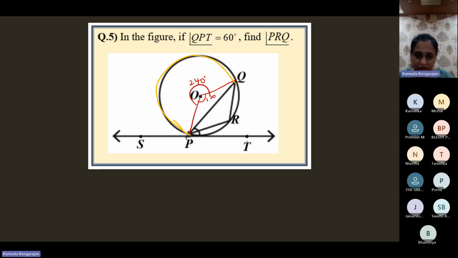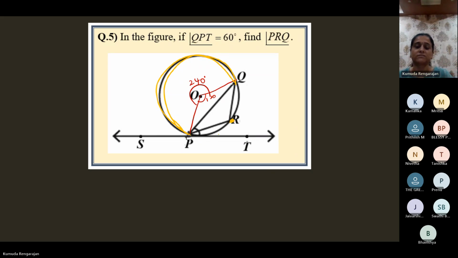The arc should not subtend an angle on itself. That's why we say the remaining part of the circumference of the circle. The major arc PQ subtends an angle at the remaining part of the circle at this point R.